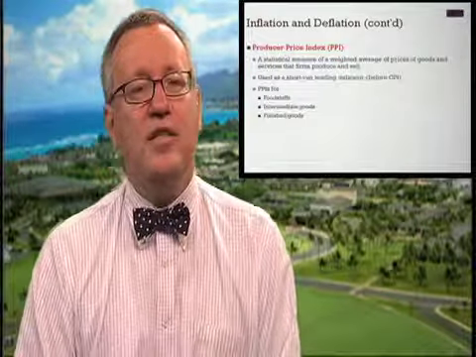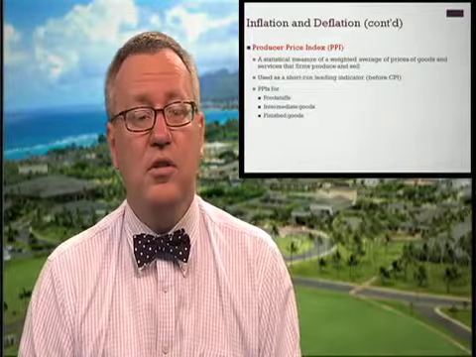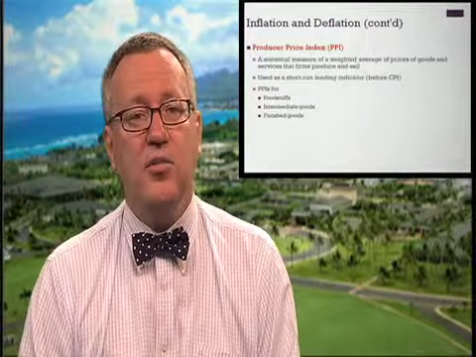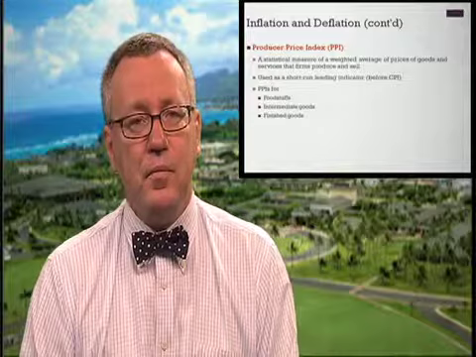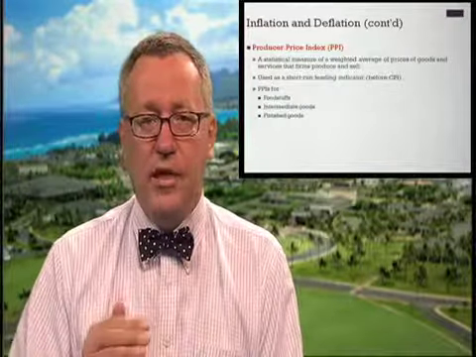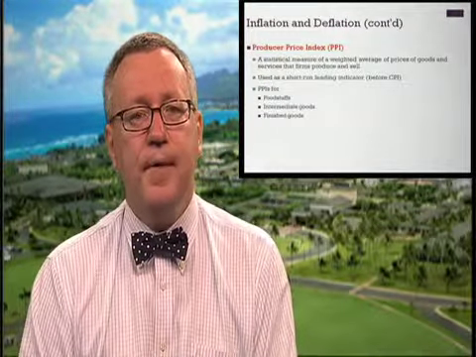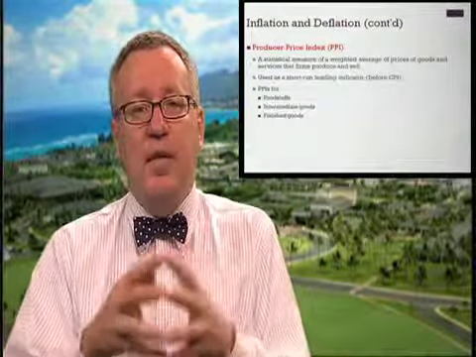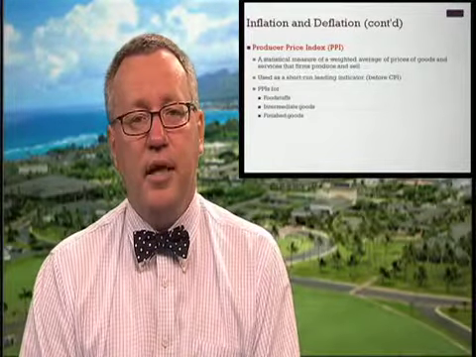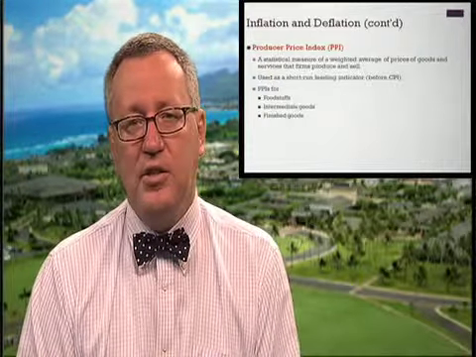If you have inflation, the Producer Price Index should feel it first, and then the Consumer Price Index would feel it afterwards. It's often used as a short-run leading indicator to predict what's going to happen to the Consumer Price Index in the future. We have a number of sub-indexes for the Producer Price Index, things for foodstuffs, intermediate goods, and finished goods, just to be able to segment where inflation is actually coming from.